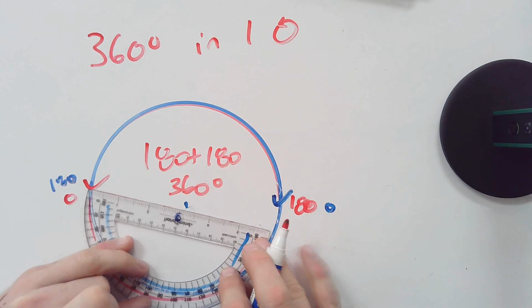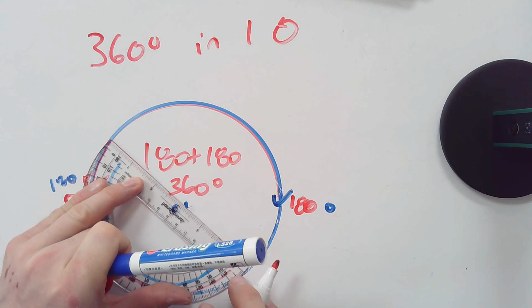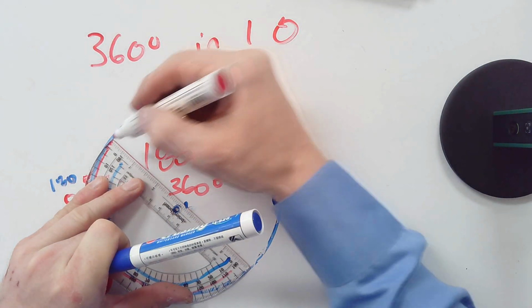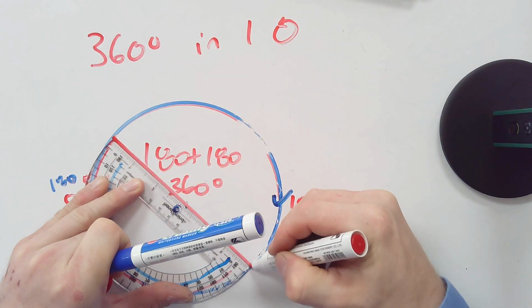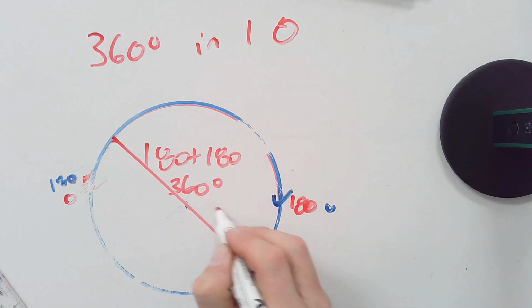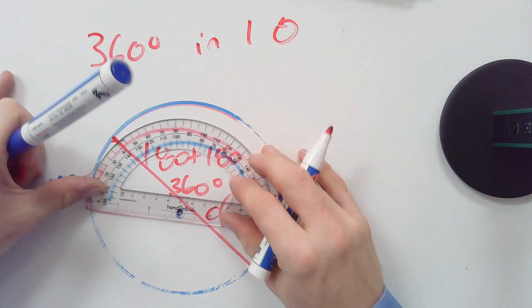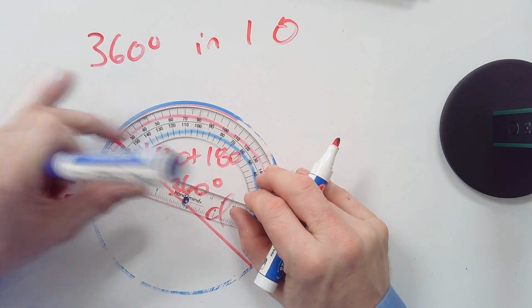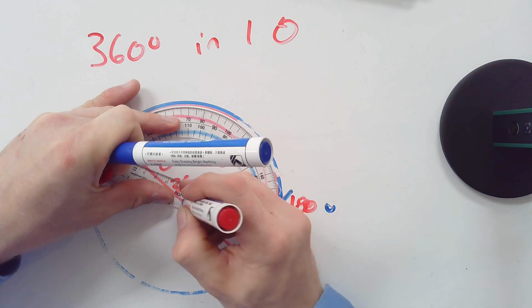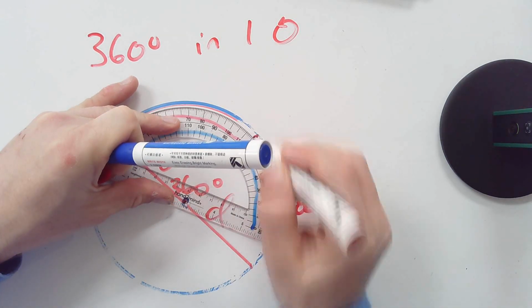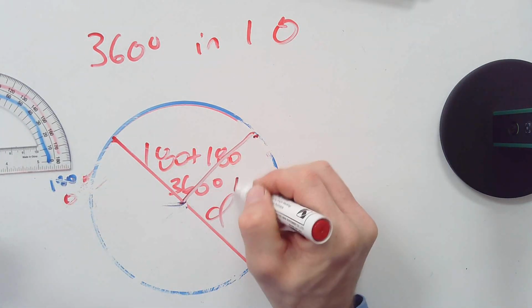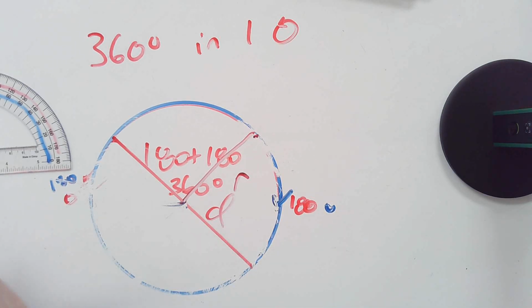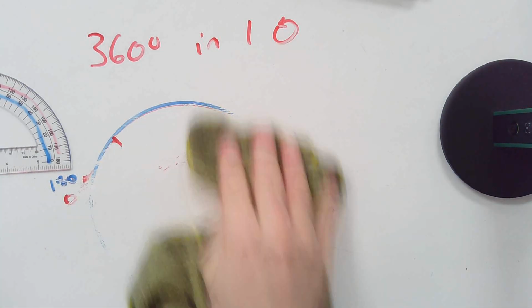Any two points on the circumference of a line that passes through the center point give my diameter, and any line from the center point to the circumference is a radius. That is how to use a protractor, at least the ins and outs of it.